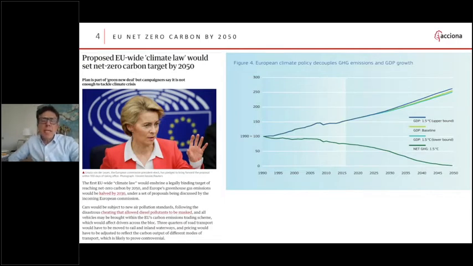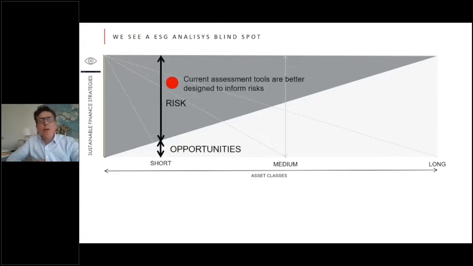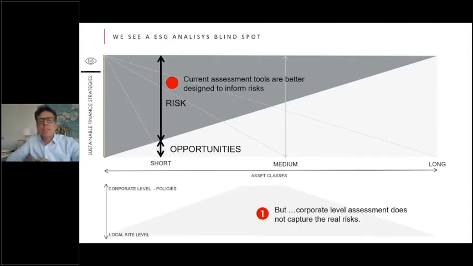But when we see how investors are seeing the market, we think that there are a lot of blind spots. First of all, most of the current ratings are focused on risk, the current assessments for companies are better designed to inform this risk, and these risks are also informed at the corporate level.